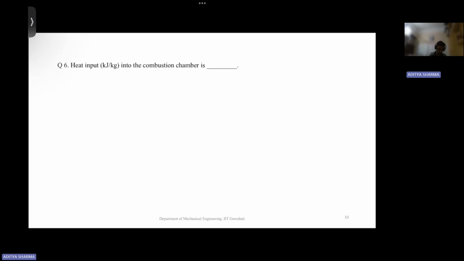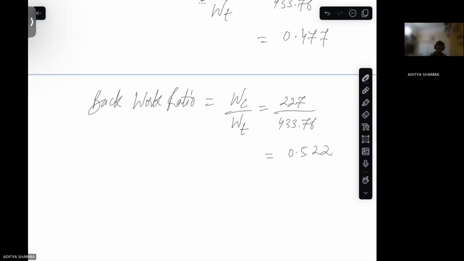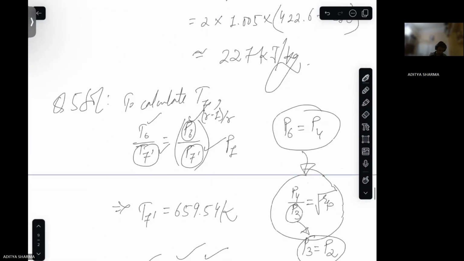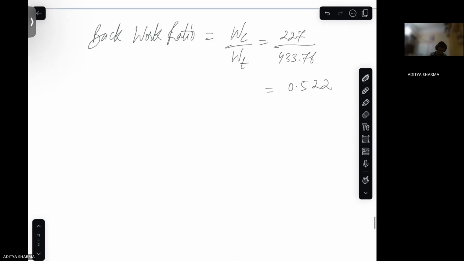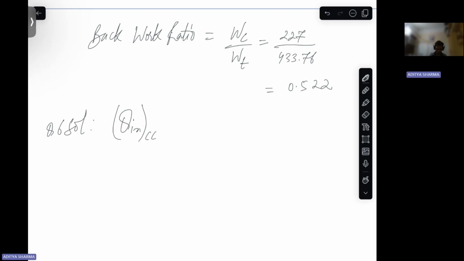Now heat input into the combustion chamber. Q in combustion chamber is Cp (T6 minus T5), 1.005.